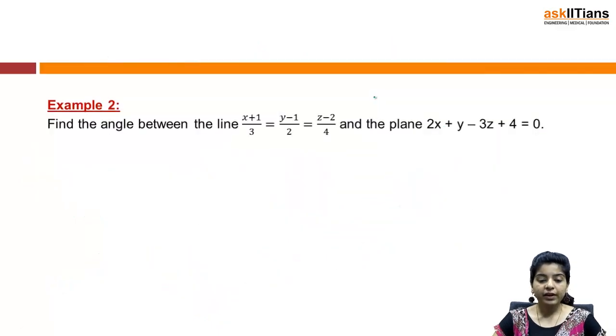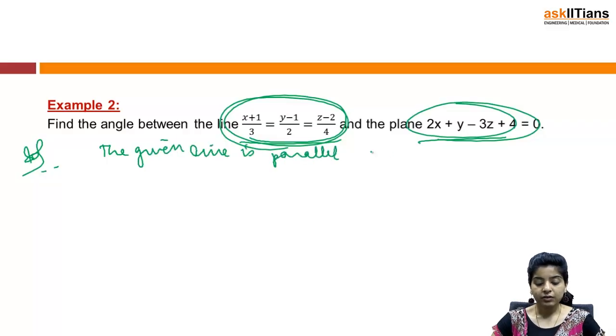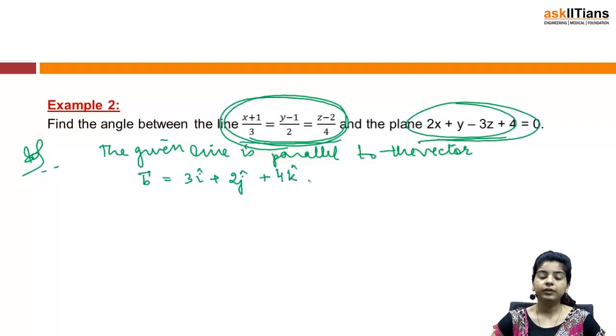Next question says find the angle between the line and the plane. So how do you find the angle between a line and a plane? First of all, from the equation of the line itself and the equation of the plane itself, we can judge several things. The given line is parallel to the vector b, suppose 3i plus 2j plus 4k, right?